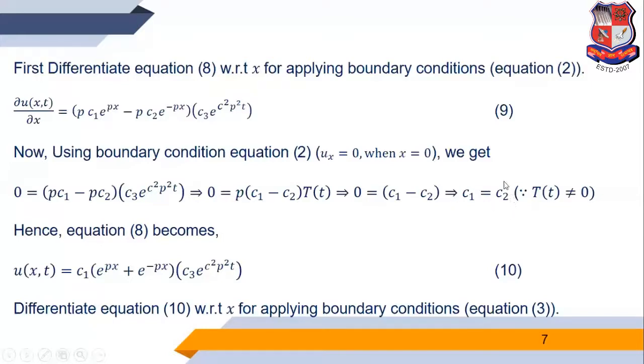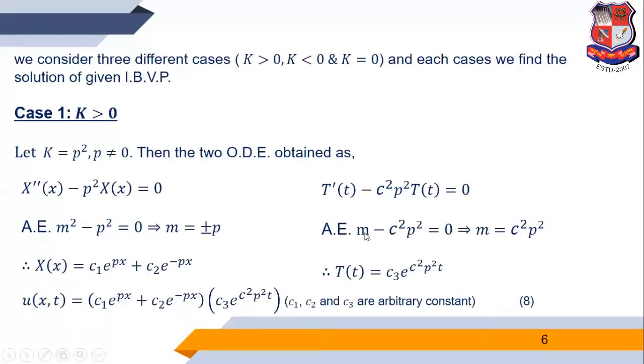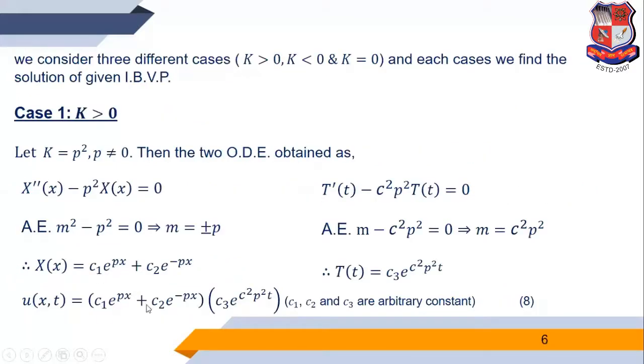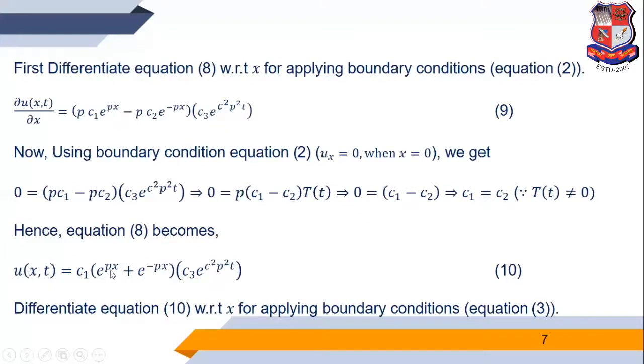Now we input c1 is equal to c2 in equation 8. Then equation 8 becomes u(x,t) is equal to c1 common. Therefore c1 (e^(px) plus e^(-px)) into c3 e^(c²p²t), which is called equation number 10. Now we apply the boundary condition equation number 3, which is based on the partial derivative.